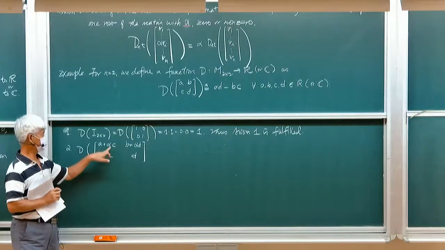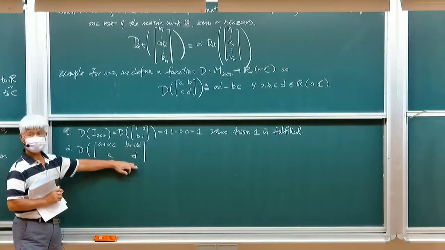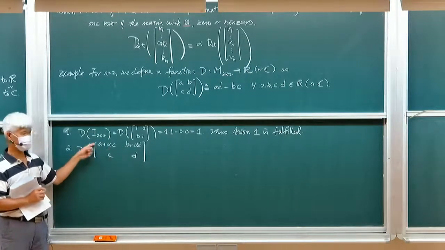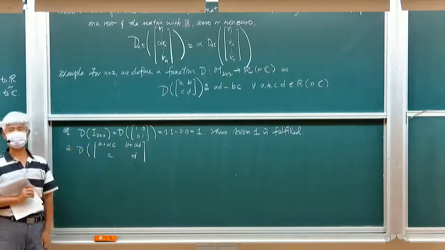See here, A plus alpha C, B plus alpha D. When we multiply the second row by alpha and add to the first row, it becomes this one.